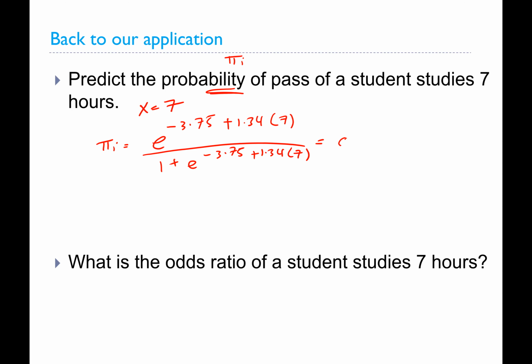The probability is 0.996467. If someone studied 7 hours, the probability of passing the exam is 0.996467.